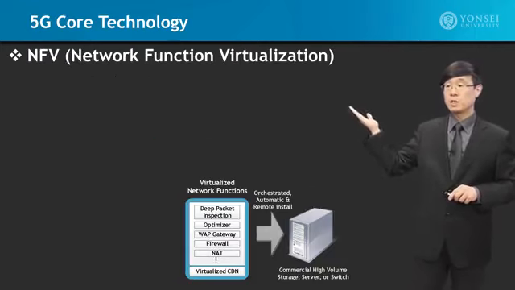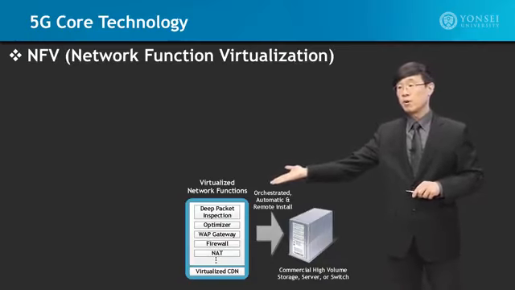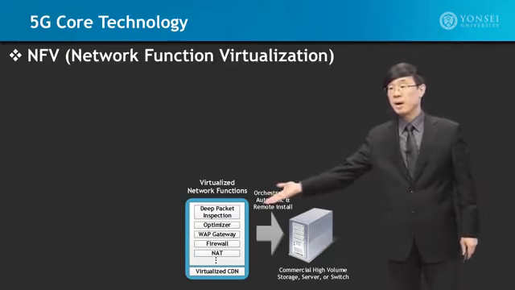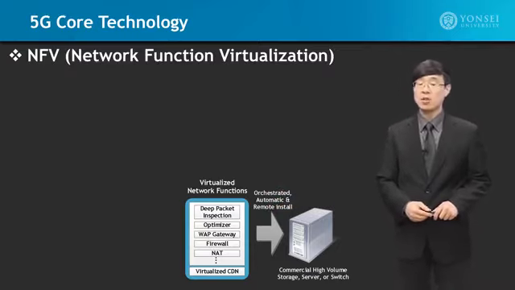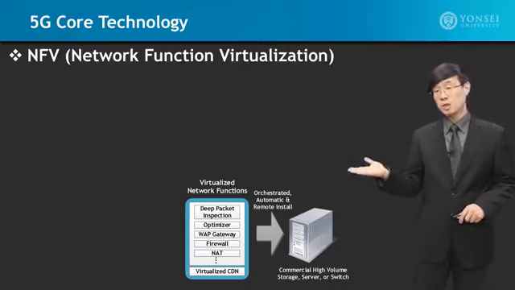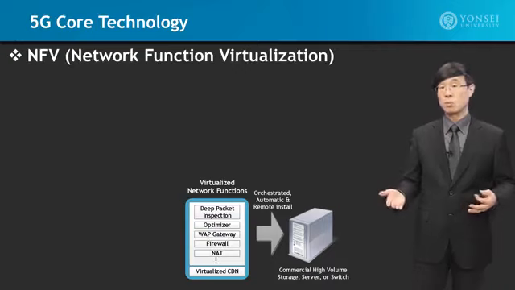NFV is where you see this example listed out, where virtualized network functions could be like deep packet inspection, optimizer, WAP gateway, firewall, NAT, and various other IP functionalities, in addition to the mobile communication network functionalities as well. They need to be provided and supported.